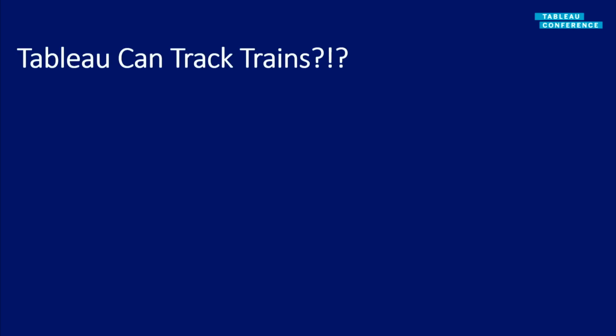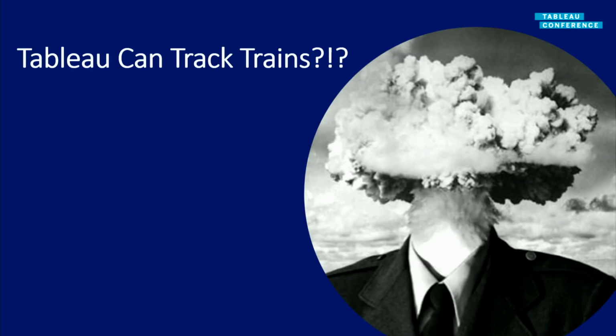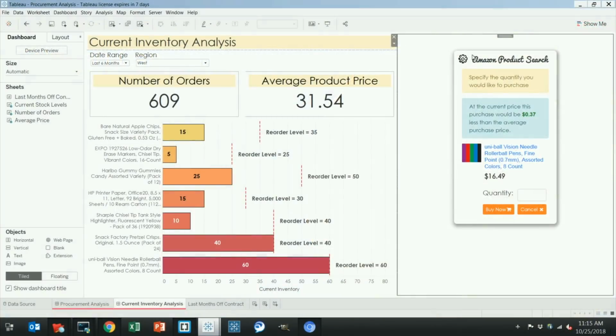I didn't know you could track a train with Tableau. It totally blew his mind. He had no idea that was even possible. And it is kind of crazy to think that you could do that with Tableau. And the way that you can do that, believe it or not, is with TabPy. And so I'm going to switch over here and do a demo of this.